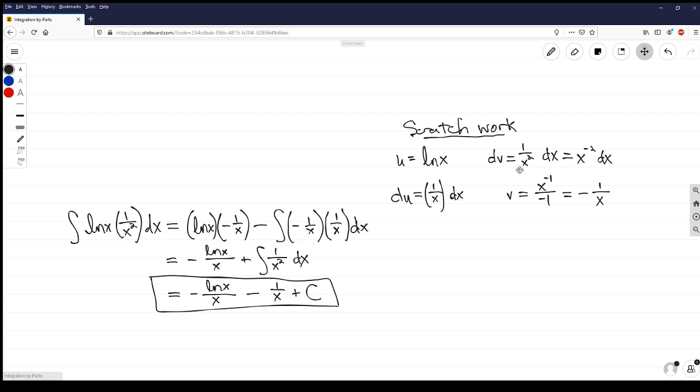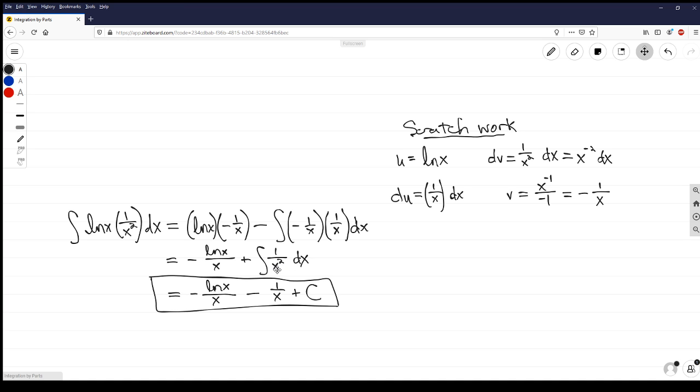For dv, even though it's 1 over x squared times dx, it would be easier to put this in the form of a power rule type thing where you have x to the -2, because then you can apply the power rule very easily in order to find your v. And then down here, u times v looks like this, and then v times du looks like this, and then we start simplifying things up.